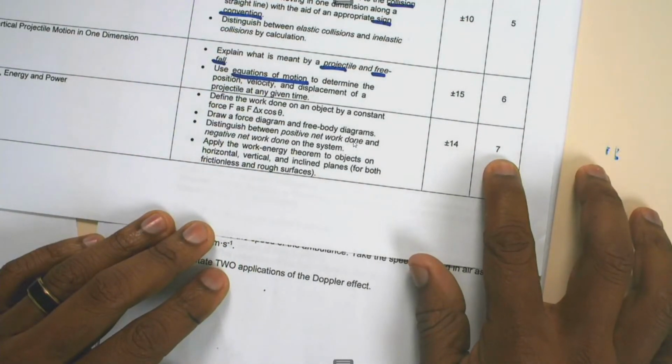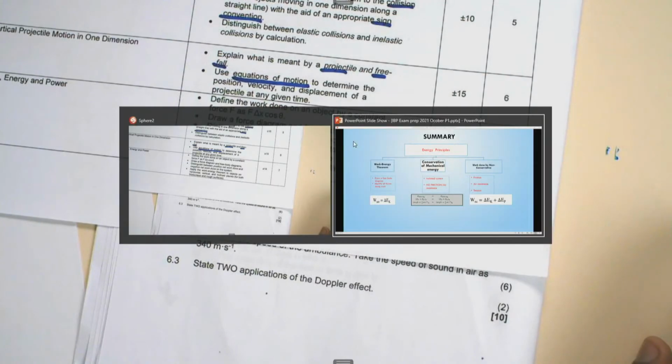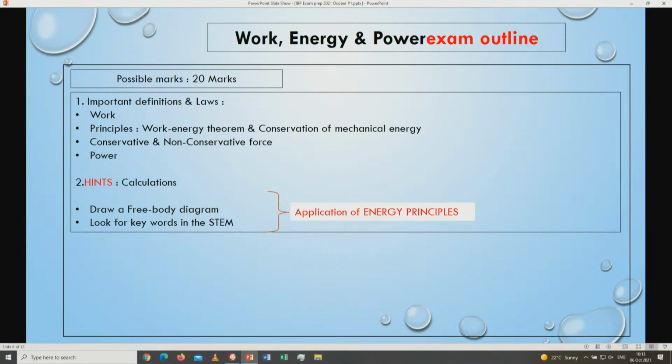Where do I get my 7? My 7, I get it from giving the correct definition of work, stating the principles, work energy theorem, conservation of mechanical energy, conservative and non-conservative force.